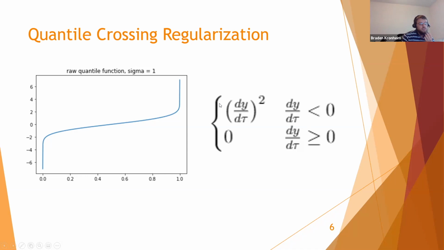So we introduce a regularization term, which is the slope squared if the slope is less than 0, and it's 0 otherwise. This has the benefit of only penalizing unphysical quantile functions, and it has a continuous slope, right? Slope of 0 here. So it's very helpful. And this was largely able to remove any unphysical quantile functions.